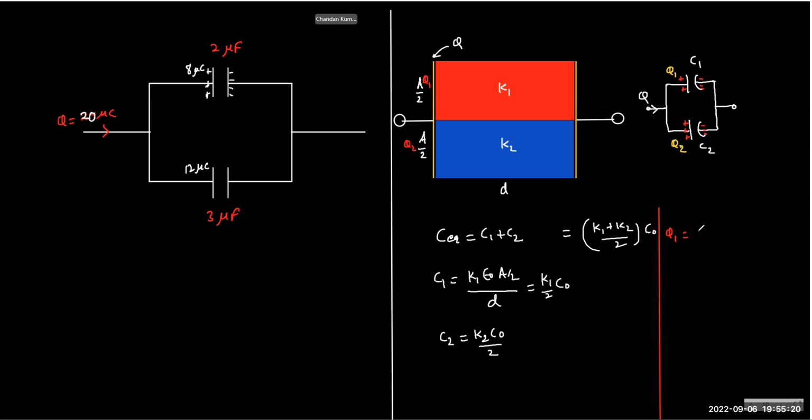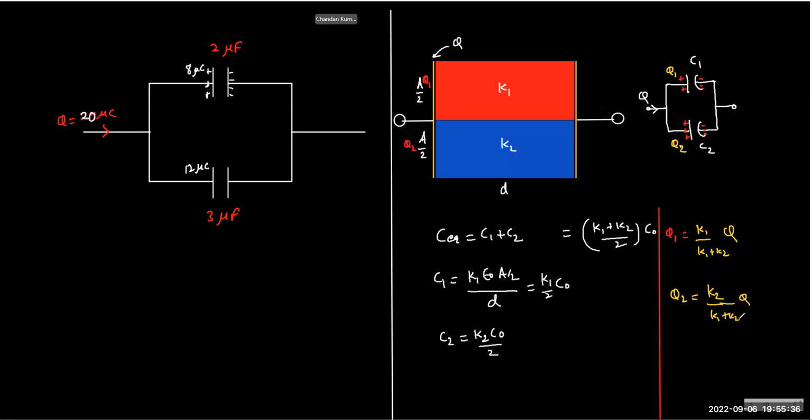Nevertheless, Q1 you can attest. Tell me quickly: K1 by K1 plus K2 into Q, and Q2 is K2 by K1 plus K2 into Q. You guys are experts now.